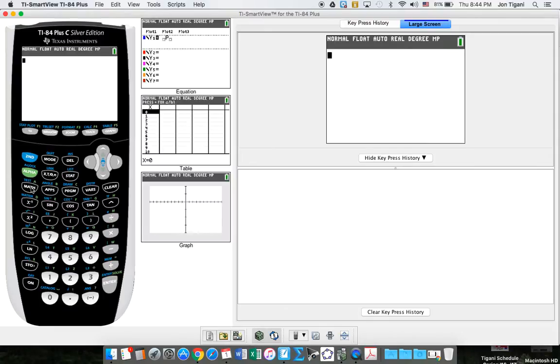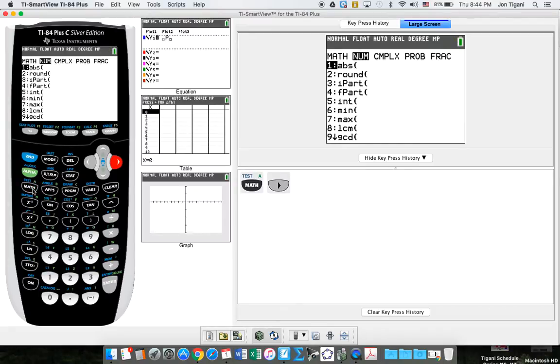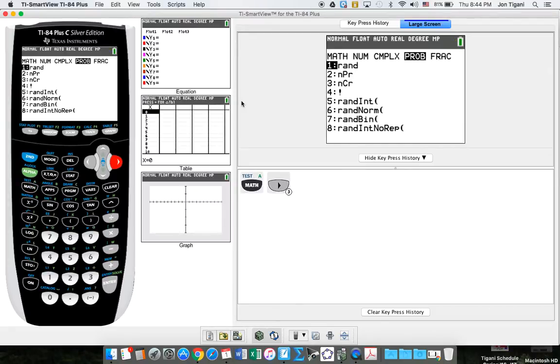The permutation and combination algorithm is in this math button. You're going to click on math, and you will scroll over to the right to PROB. PROB stands for probability, and you have a screen that comes up. This option number 4, that's the factorial notation. It's sometimes useful when you have larger numbers.